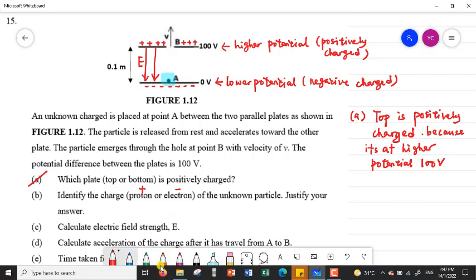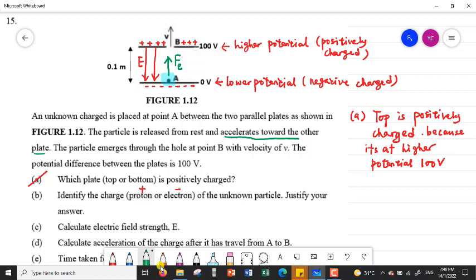So, kalau kita refer kepada sentence given, we find out that this particle accelerates towards another plate, whereby upon release from plate A, this particle accelerates towards the positive plate. So, if it accelerates towards the positive plate, it means that this particle has an electric force that attracts it to the top plate, which is positively charged.